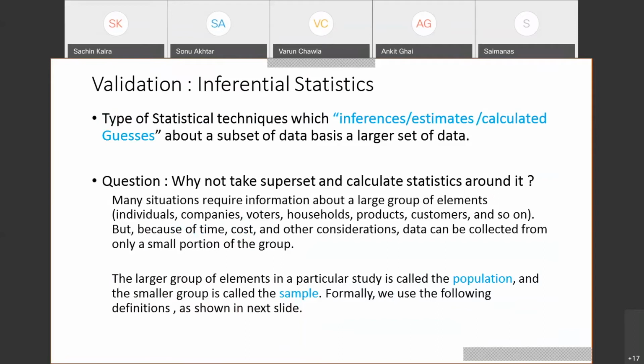For example, if I ask you how many people travel from Rajiv Chowk metro station to Huda City Center every day from 9 a.m. to 3 p.m., one could say 10,000, one could say 30,000.